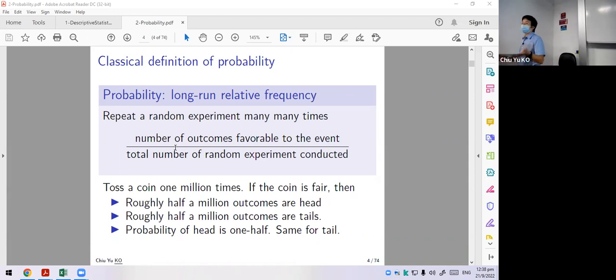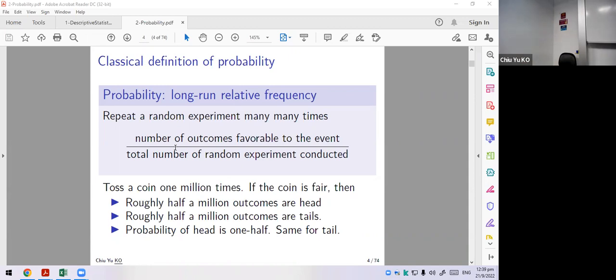If you toss the coin 5 times or 10 times, it's likely that the number of heads and tails is more or less equal. If you try more times, 1,000 times, 1,000,000 times, you will see that if the coin is fair, half of the time is head, half of the time is tail. 500,000 would be that.